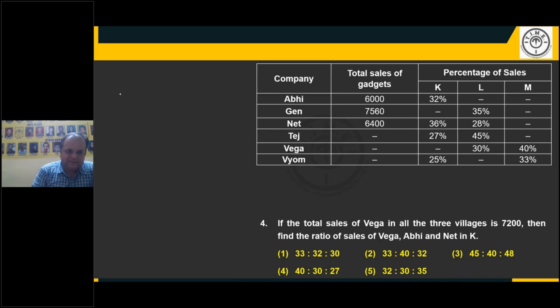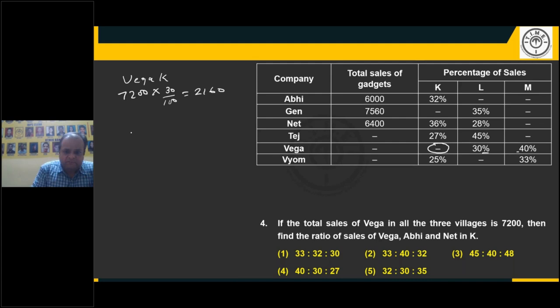Now how we will start this is, 7200 is Vega's total sale, and if you look at Vega's, K has not been mentioned. But this 30 and 40 suggests that this should be 30% because total is 100%. So we can say Vega's sale in K would be 30% of 7200, and if you do this you get 2160.